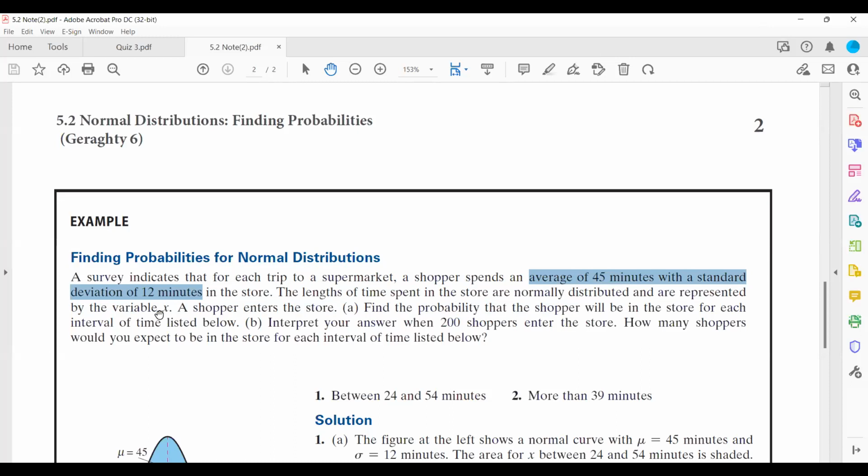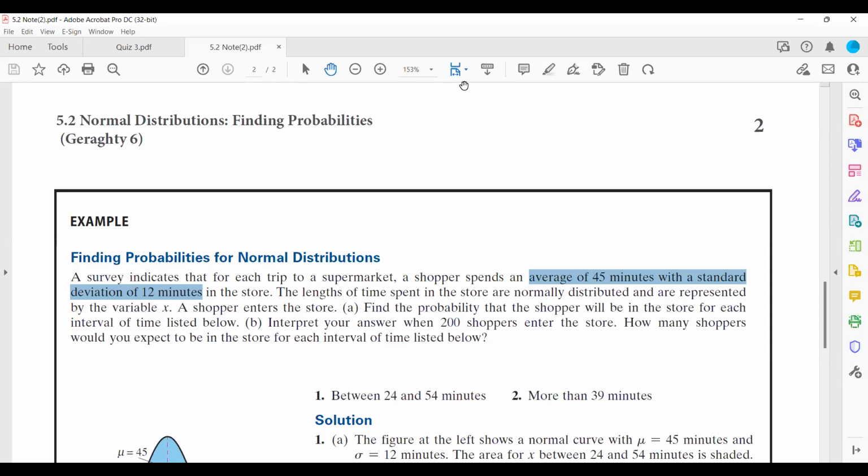Okay, they're represented by X values, and it doesn't mention anything about confidentiality of the data or not. So we're going to assume that the data are publicly accessible. Question says, find the probability that a shopper will be in the store between 24 to 54 minutes. What is the probability that they spend more than 39 minutes in the store?